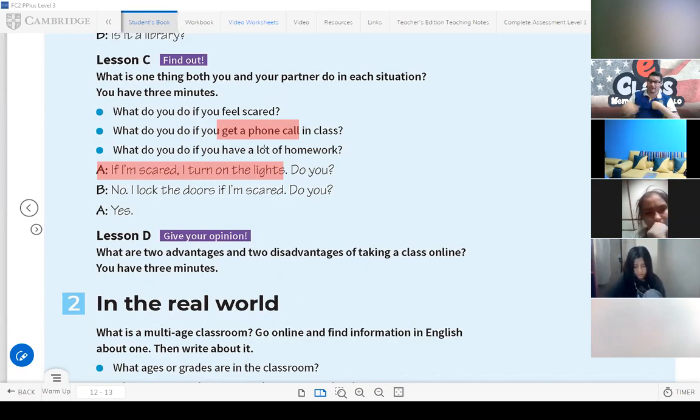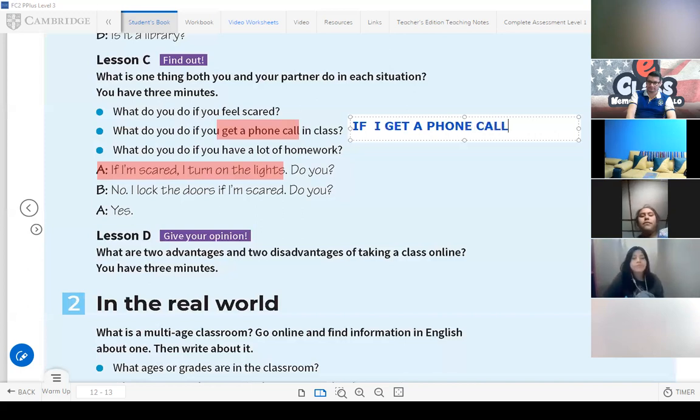For example, in my case, no? If I'm in class, si yo estoy en clase, no? Vamos a ver lo siguiente, ¿no? If I get a phone call in class, what do I do?